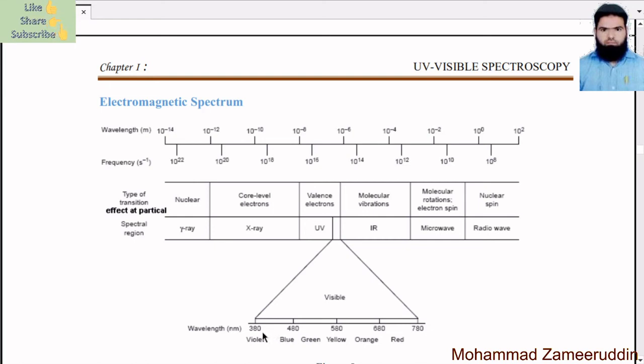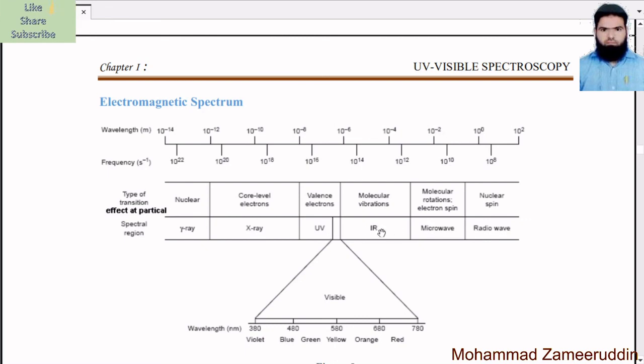Roughly we can say that visible light starts from 380 or 400 and ends at 780 or 800. It is convenient to remember 400 to 800, and UV radiations are from 200 to 400.